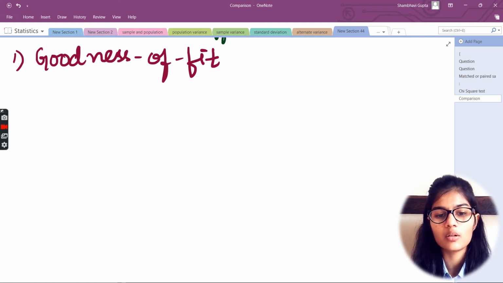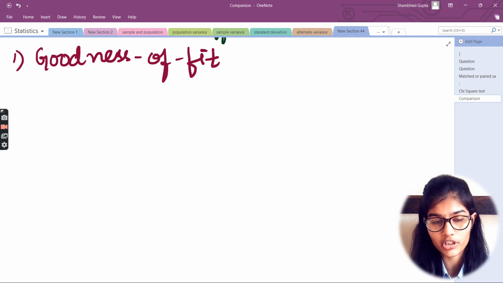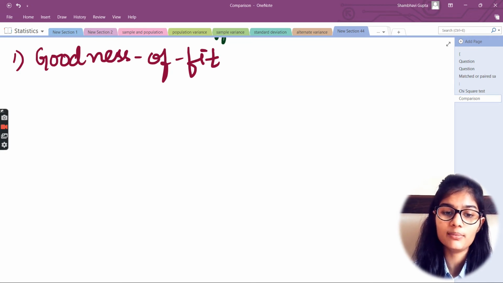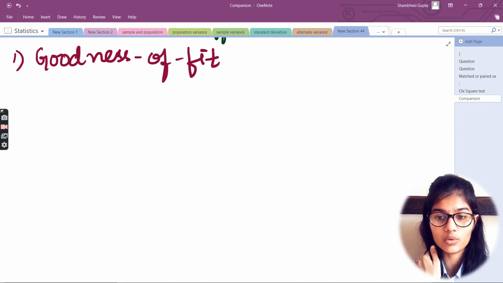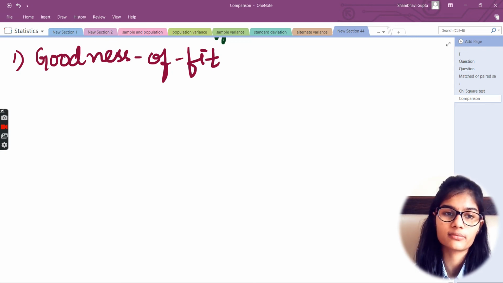Next, it is typically used to see if the population is uniform, or the population is normal, or if one population is the same as another population as well. This is where goodness of fit is used.